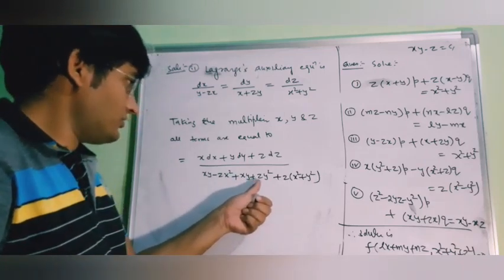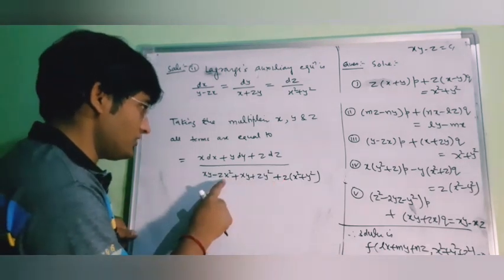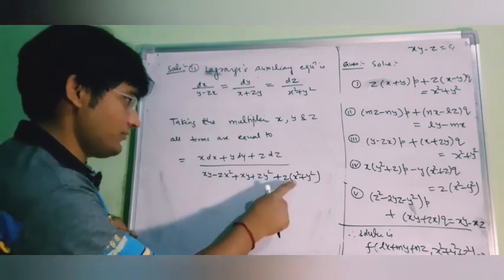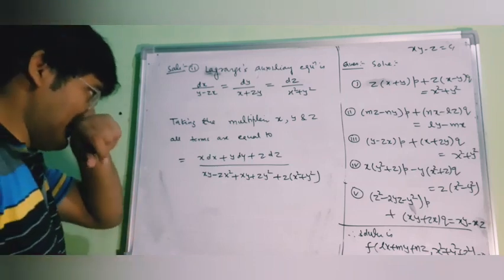So you can see that your zx square and zy square are cancelled. So this zx square is cancelled with this term, but the remaining terms will not get cancelled.